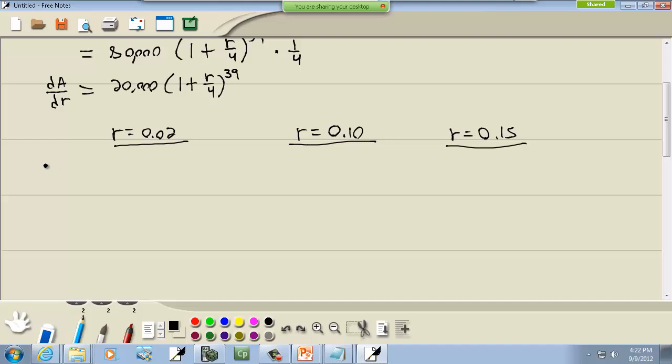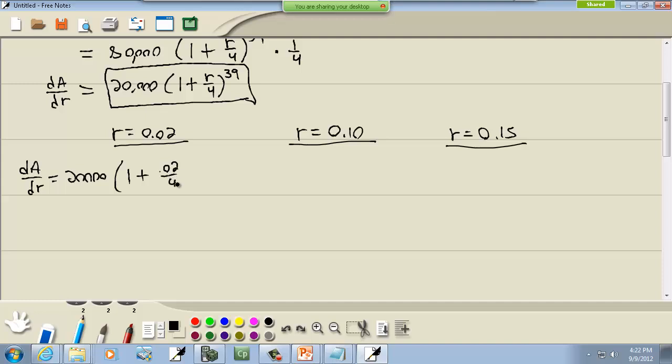Well, you can do these on your calculator. Now, actually, if you don't have the calculator, let me go ahead and give you the steps. So I got 20,000 here. Then 1 plus 0.02. Actually, this isn't too bad by just normal means. So let's plug that in our calculator.